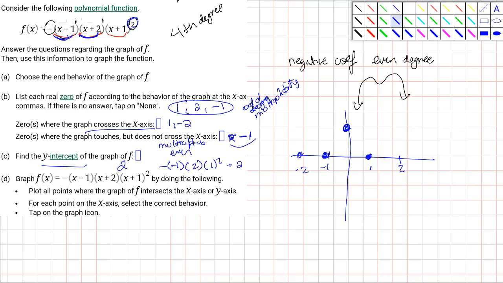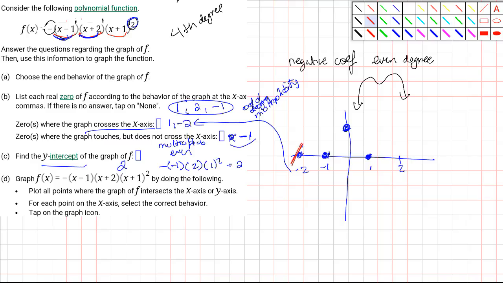When we look at this, negative 2 is a crossing point. Since this is a negative coefficient even degree, it must be looking like this at this point.